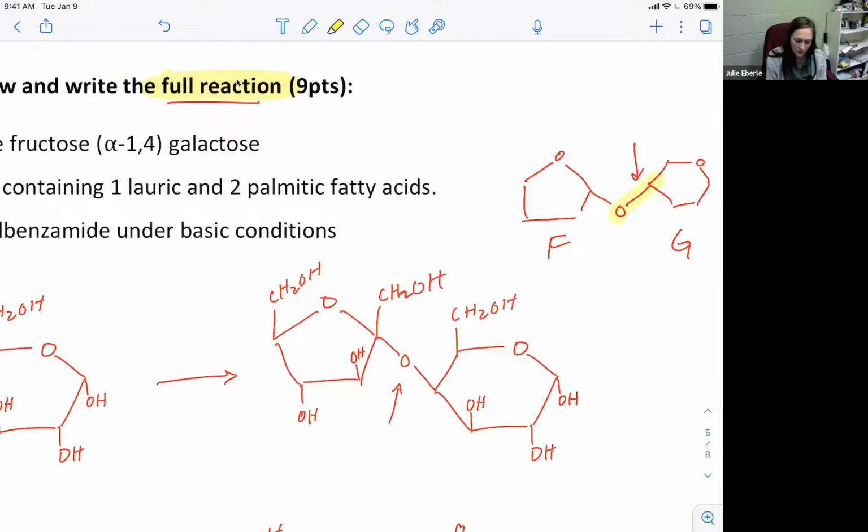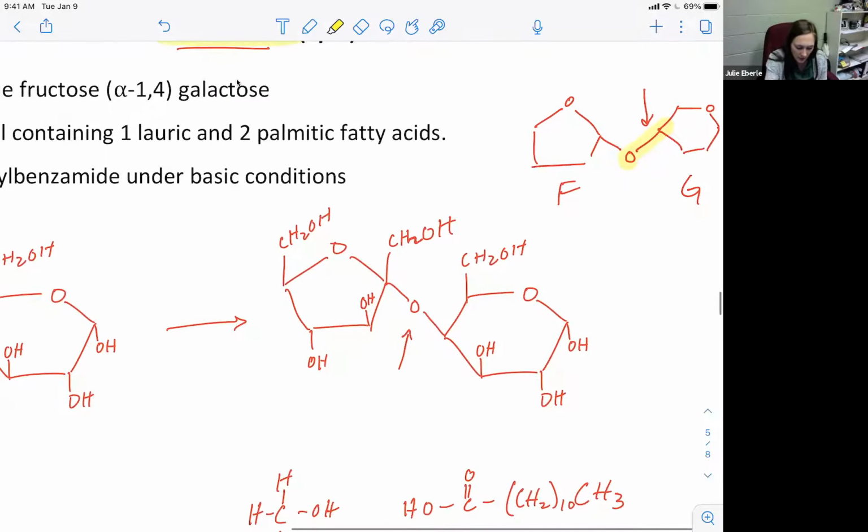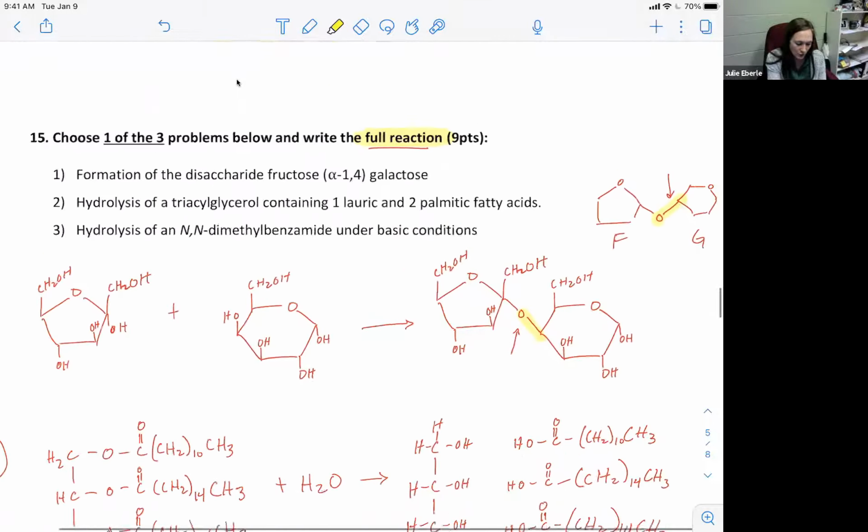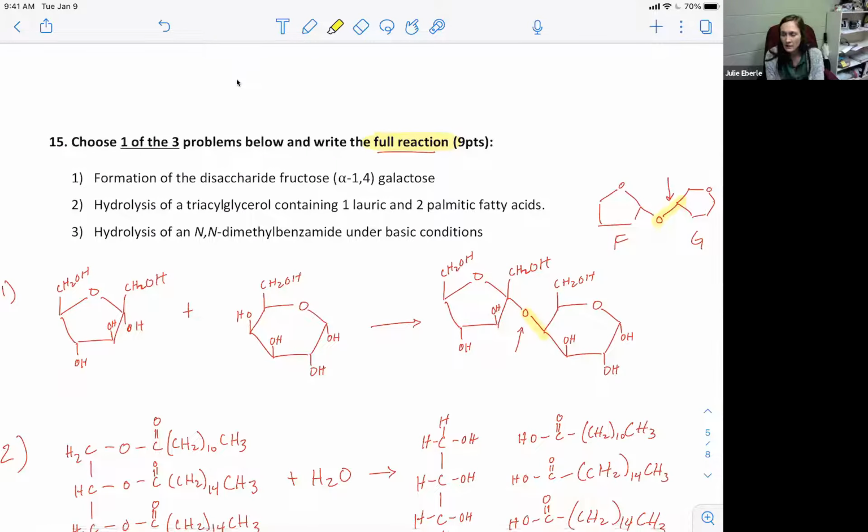This is angled downwards, but on monosaccharides, you have to maintain the orientation of the OH groups. I didn't take off a ton of points, but that was the main thing in your answer, so I might have taken off 2 points. And if you had other hydroxyl groups pointing the wrong way, I took off points. All you had to do was copy that from your resources page down below and make sure you orient those the right way. But anyways, that was that one.